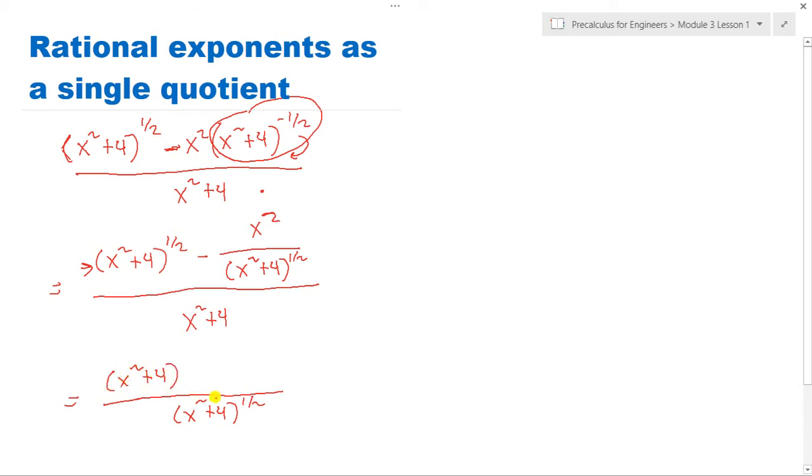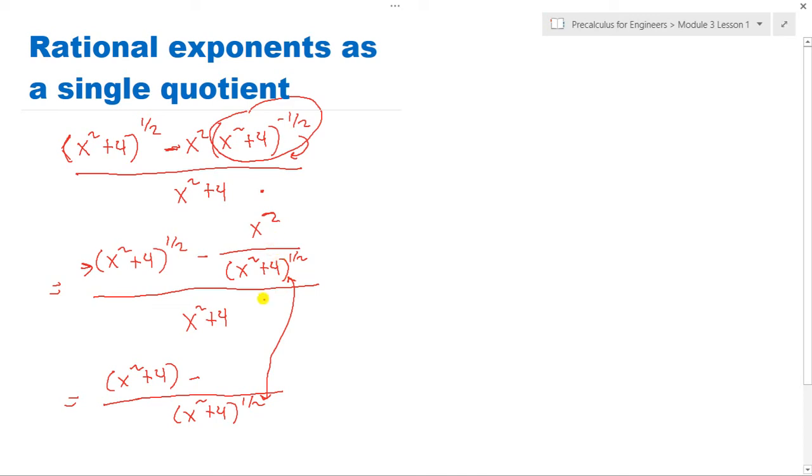So, again, class, kasi x squared plus 4 raised to 1/2 times x squared plus 4 raised to 1/2, i-add lang yung exponent nila, 1/2 plus 1/2 kasi same sila ng base. The answer is 1. So, therefore, magiging x squared plus 4 na lang ito. Then, minus ito, since the same lang yung denominator nila, therefore, equal to 1.